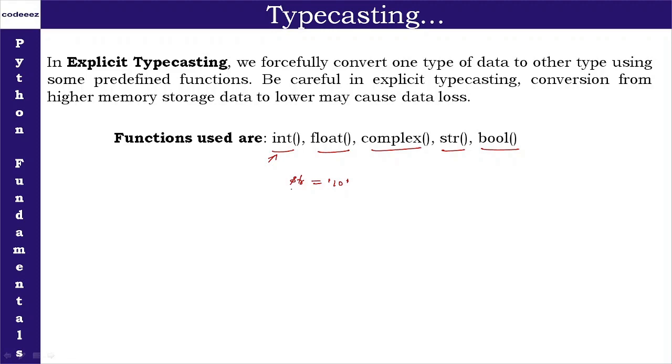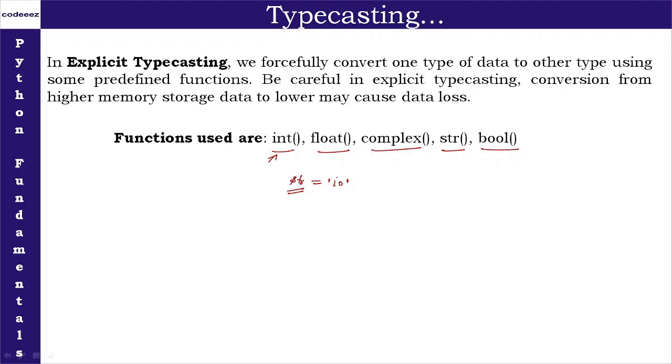Now, if I want to do some mathematical operation on this variable str, of course it is not possible, because str is a variable storing a string value, not an integer, right? So arithmetic operation will not be possible here.